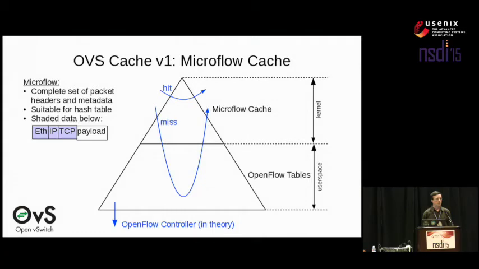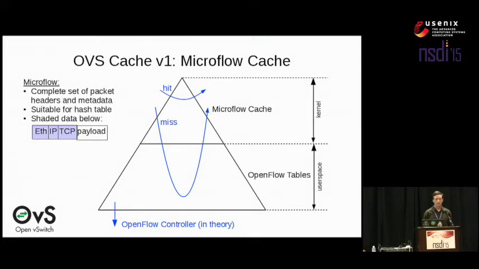A microflow, in a network sense, is an individual stream of packets through the network. And from the viewpoint of packet headers, it's the complete set of the relevant packet headers and the metadata. So the nice thing about a microflow is that it's really easy to throw it into a hash table. So we did that, and you can see the cache design here.